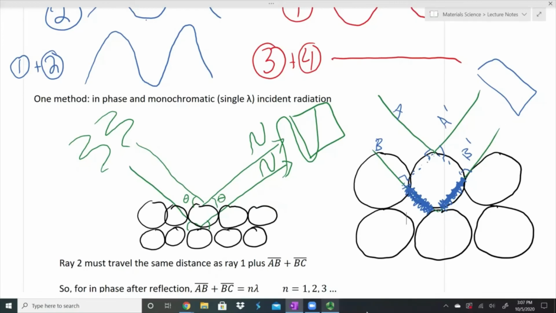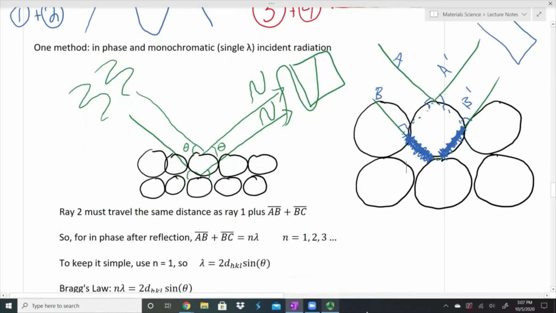All right, so here I have that ray 2, instead of A and B, I guess I had ray 1 and ray 2 here. But the second ray, so in our case ray B, has to travel the same distance as the first ray, but it's going to have something added in. If I wanted to, I could say that this is point A right here.